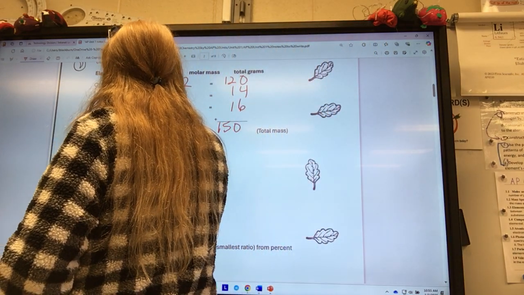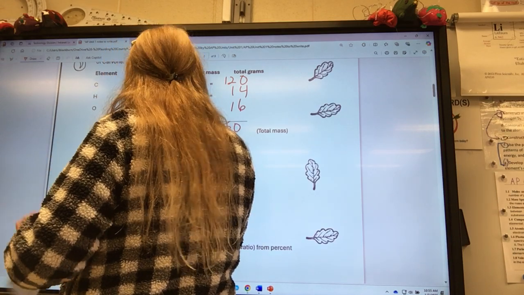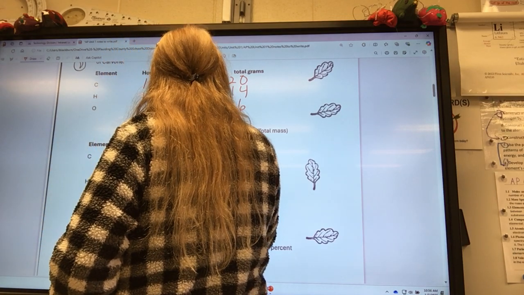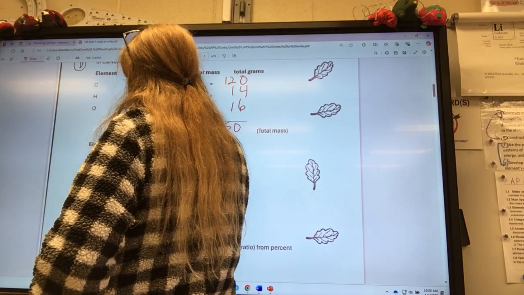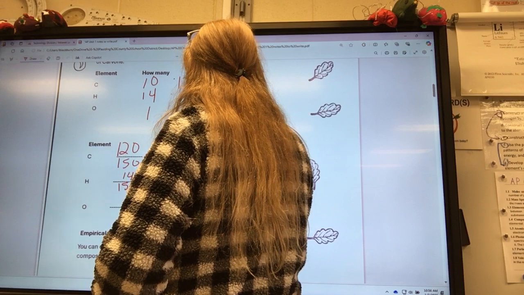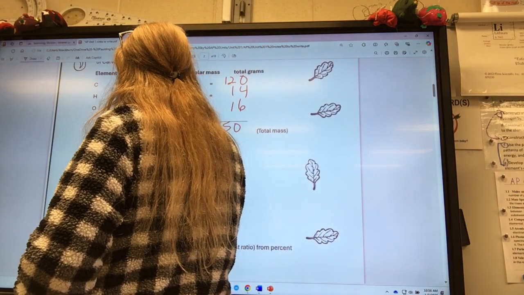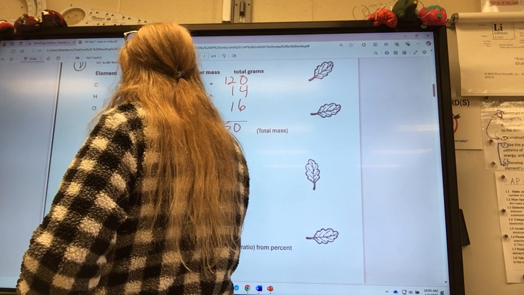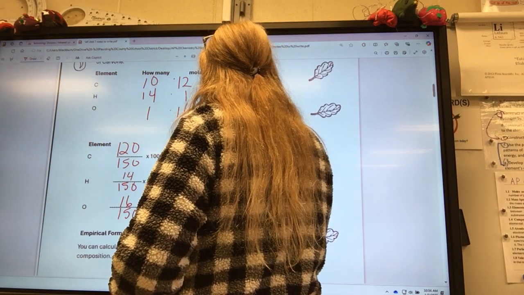So this is 120 divided by 150 times 100, and that ends up being about 80%. Then we do 14 divided by 150, and that ends up being about 9.3%. And then we are going to do 16 divided by 150 times 100, and that's about 10.6%.